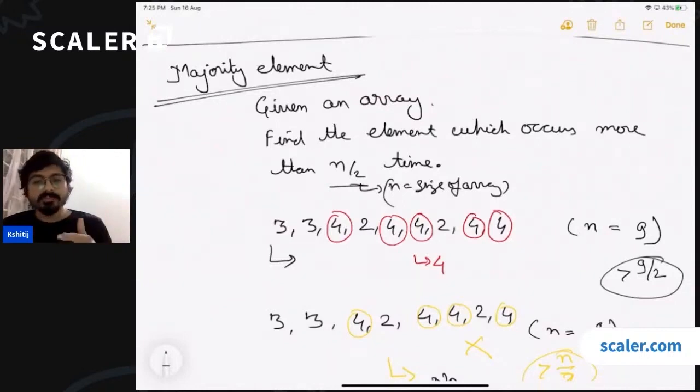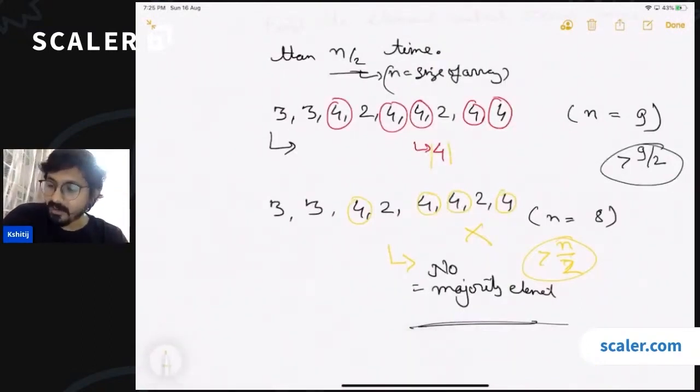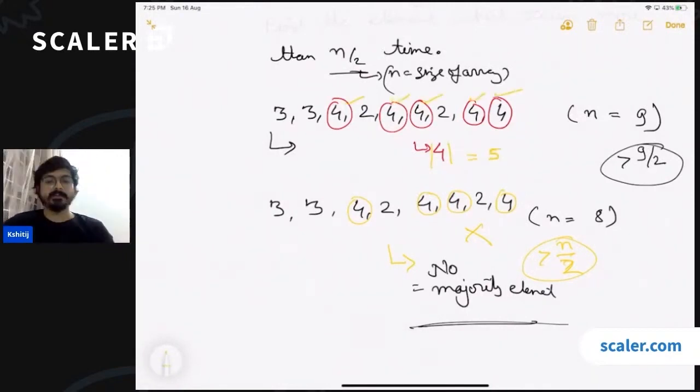Can there be two elements which occur more than n by 2 times in a single array? No, right? We have to count the number of times an element occurs, not return the element which is greater. We have to find the element which occurs more than n by 2 times.